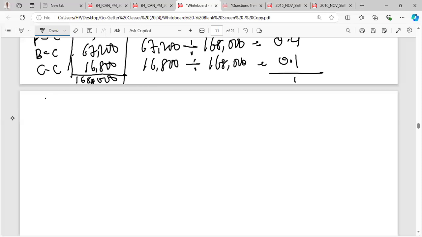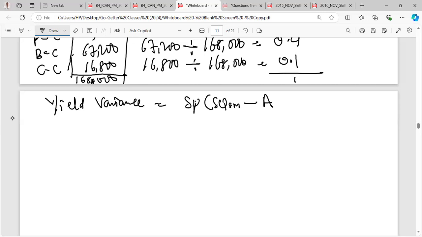Our yield variance should be standard price, standard quantity, standard mix minus actual quantity, standard mix. So your standard quantity, standard mix is this.